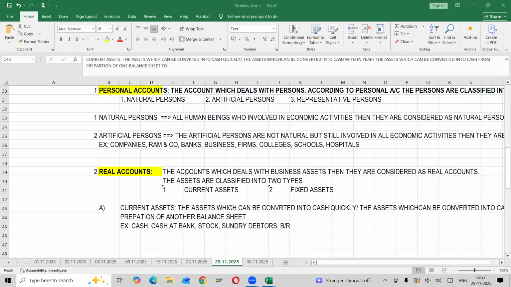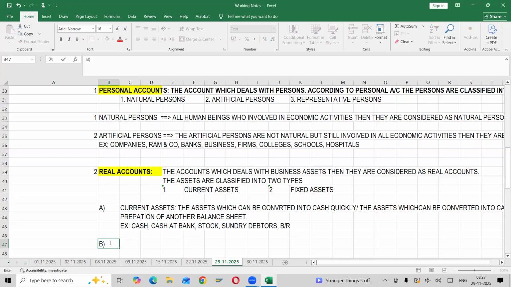I'll tell you. You people are very near, and you know that also, but still. Okay. What do you mean by fixed asset? I'll tell you. Same thing, opposite to this.